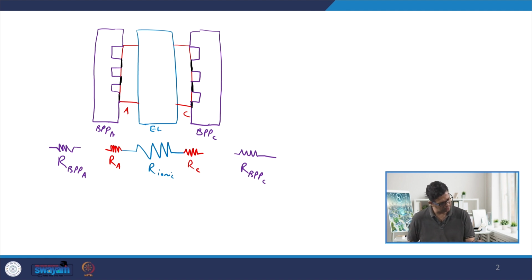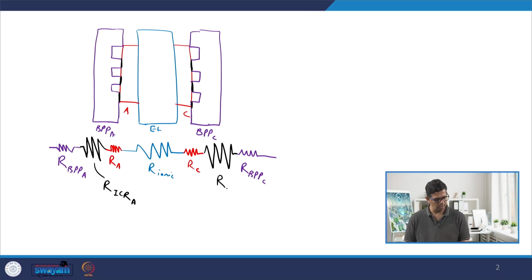That is where the resistance gets added, at the interface between two faces. So it is called interfacial contact resistance. This is R ICR on the anode side, and this is R ICR on the cathode side.